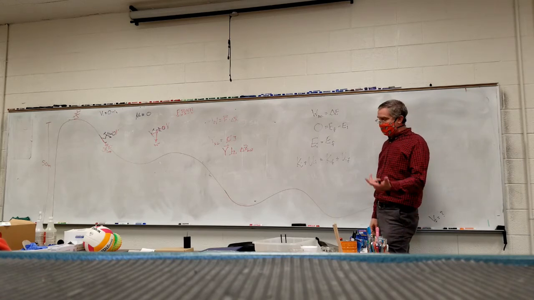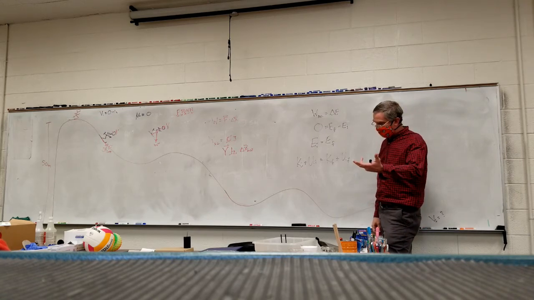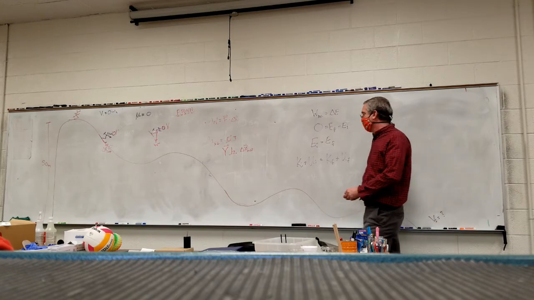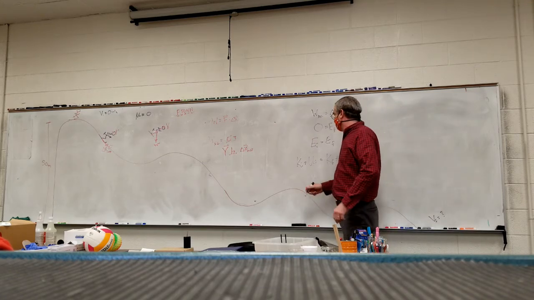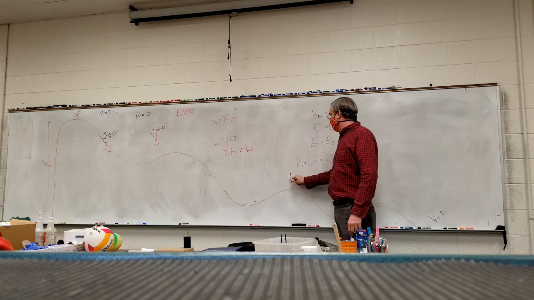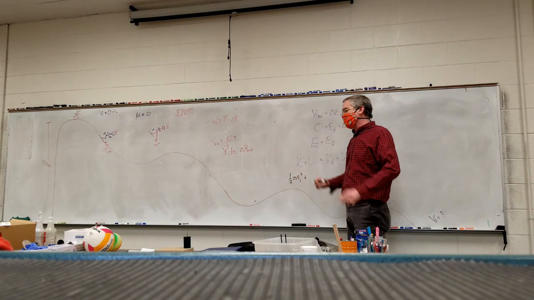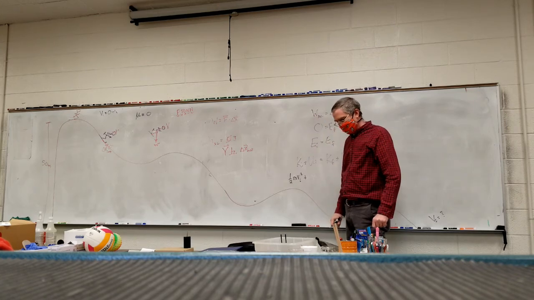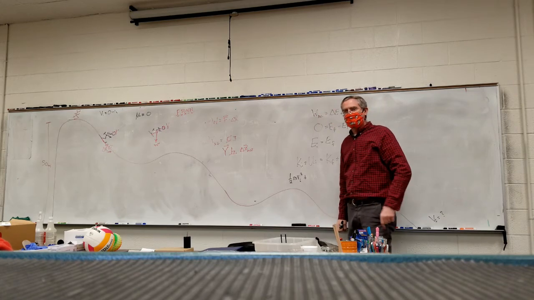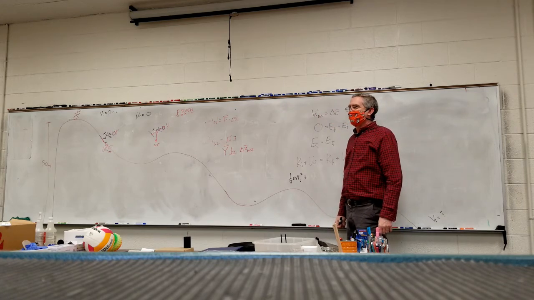What's the formula for kinetic energy? 1/2 mv squared. A little better. 1/2 m v initial squared plus, what's the formula for potential energy in this case? MGH. Yes.